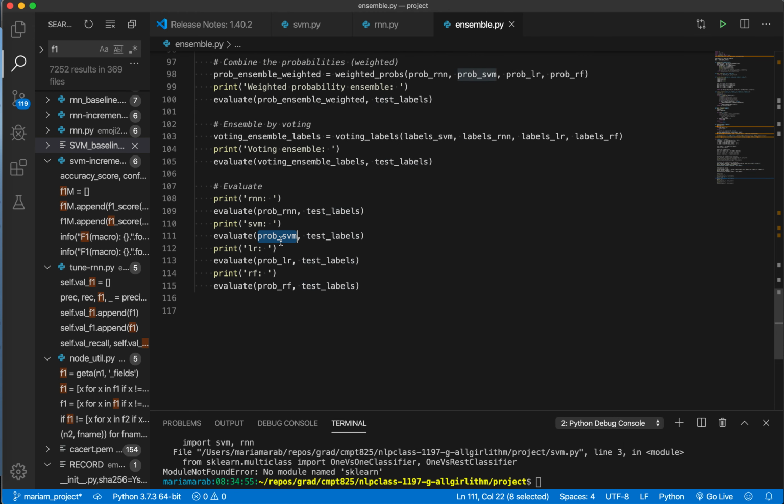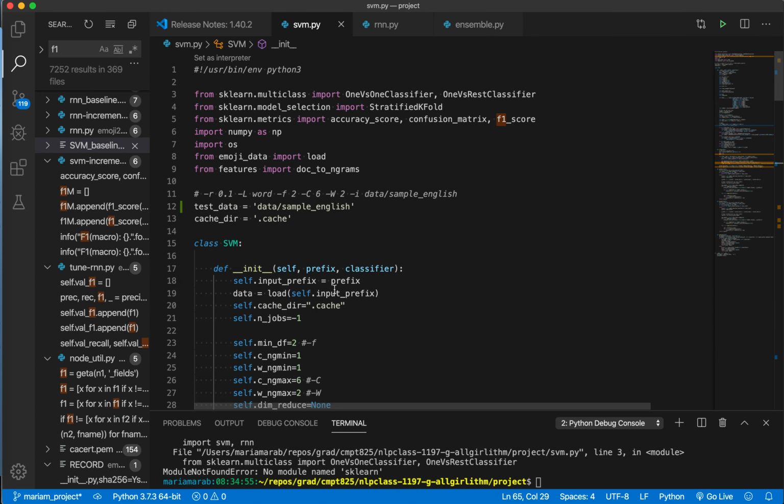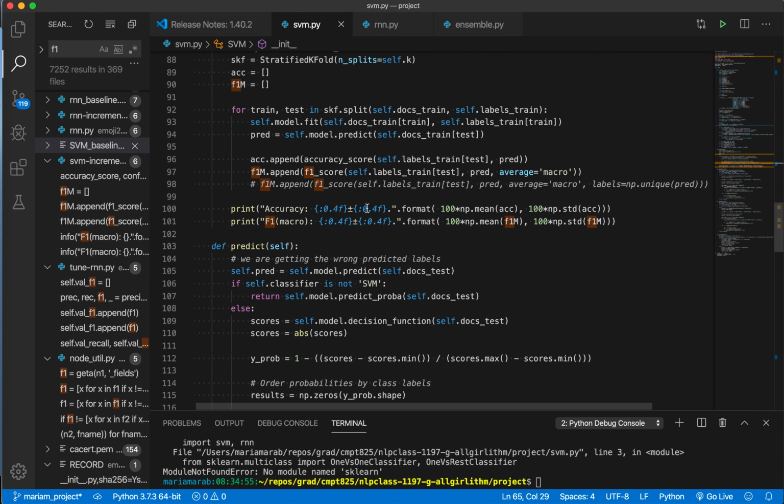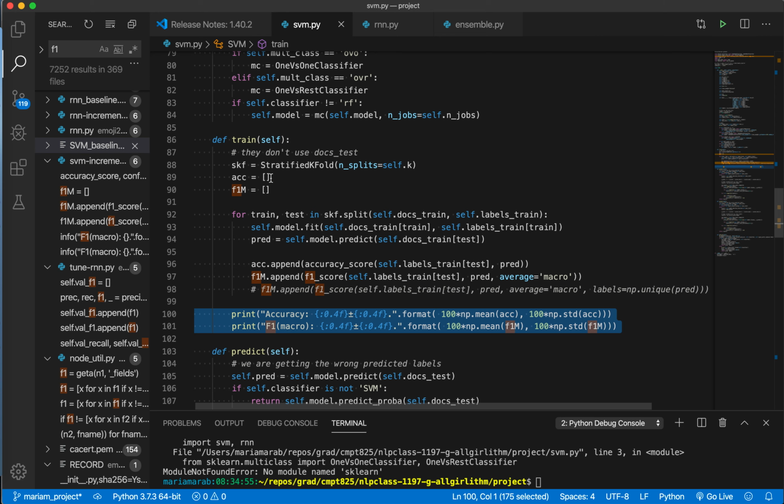But the SVM score is differing dramatically from what we see here. And upon further investigation, I realized that the score we output here is only based on the training set. So we only take docs_train, and we split that.